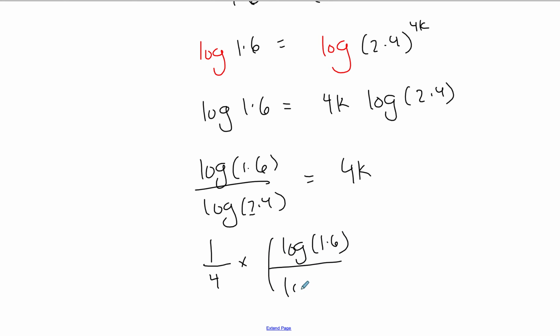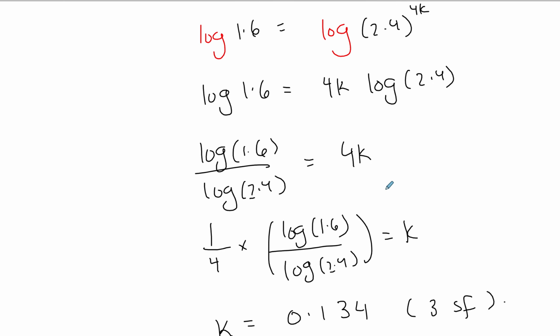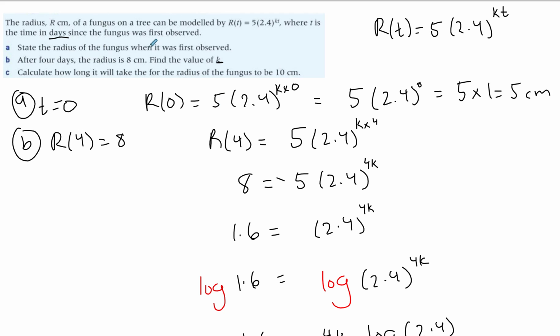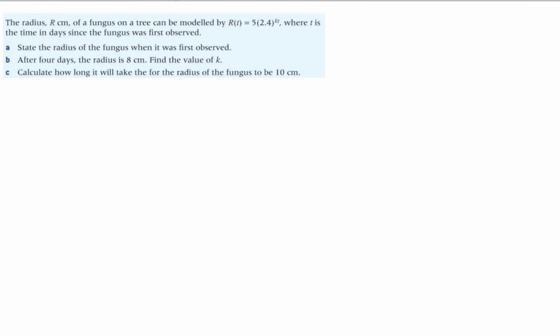And just plugging it into your calculator, it should give you k equals 0.134. That's 3 significant figures. So that's you finding k. Again, going back to log rules, so k is equal to 0.134.